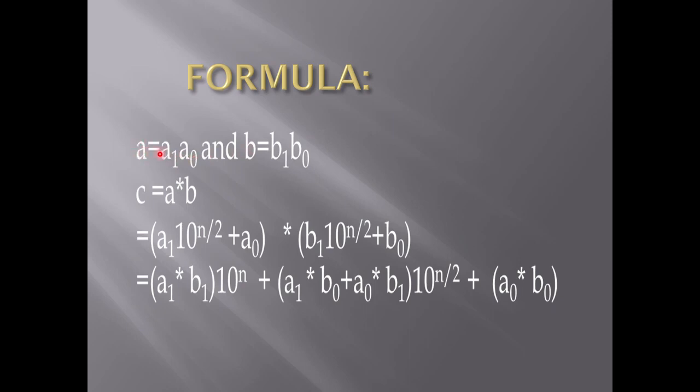A is equal to A1 A0 and B is equal to B1 B0, and C is equal to A into B, which is equal to A1 10 to the power of n by 2 plus A0 into B1 10 to the power of n by 2 plus B0, which is equal to A1 star B1 into 10 to the power of n plus A1 star B0 plus A0 star B1 into 10 to the power of n by 2 plus A0 star B0.